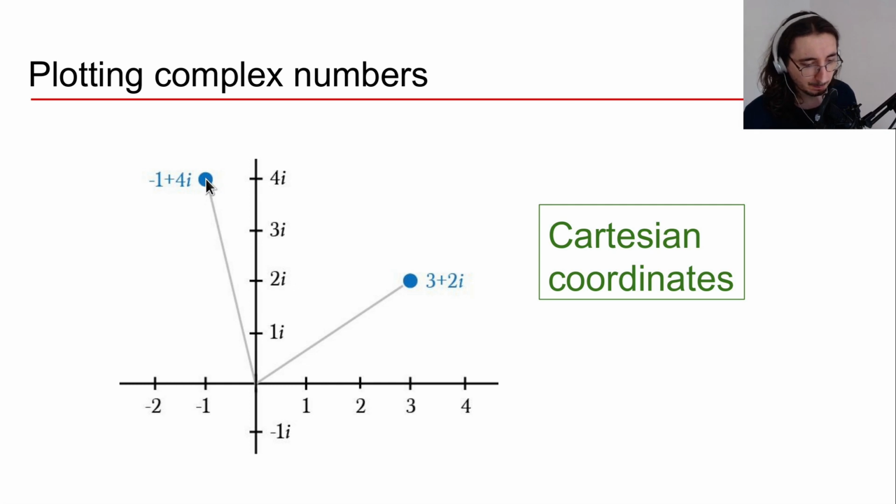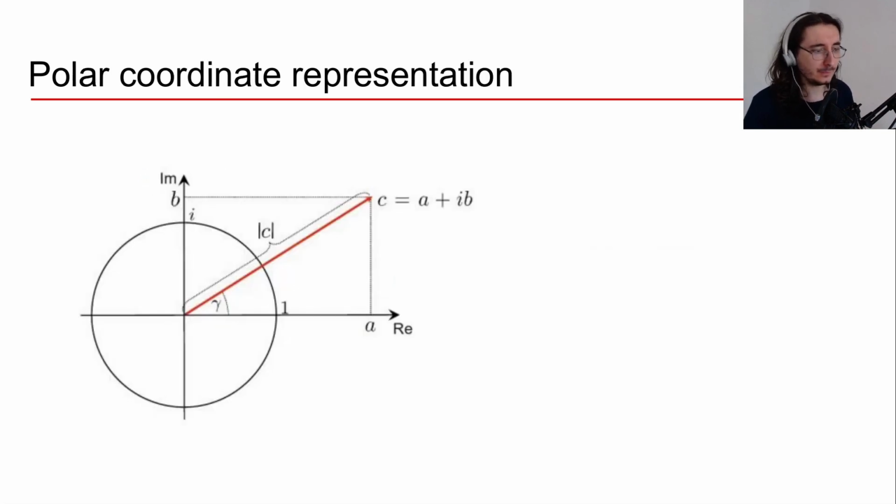Okay, so this is all good and well, but now we are interested in another way of representing complex numbers using the so-called polar coordinates. And now you'll see why this is very handy for us in the context of audio signal processing.